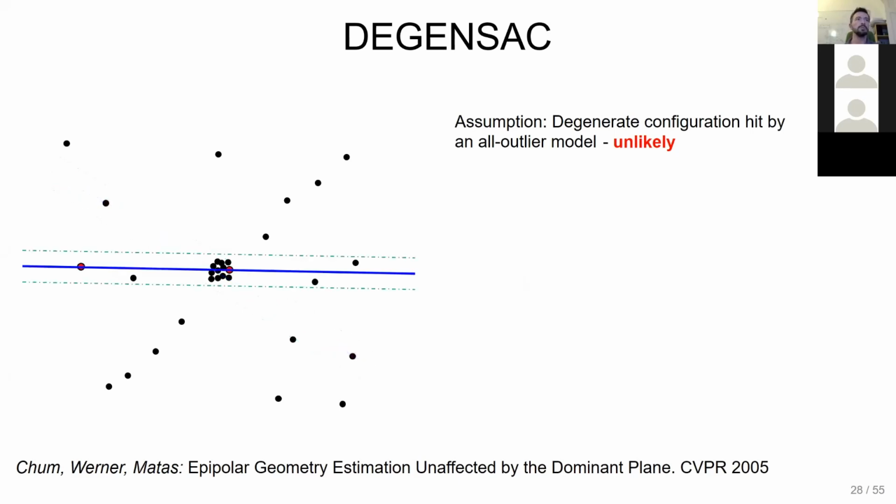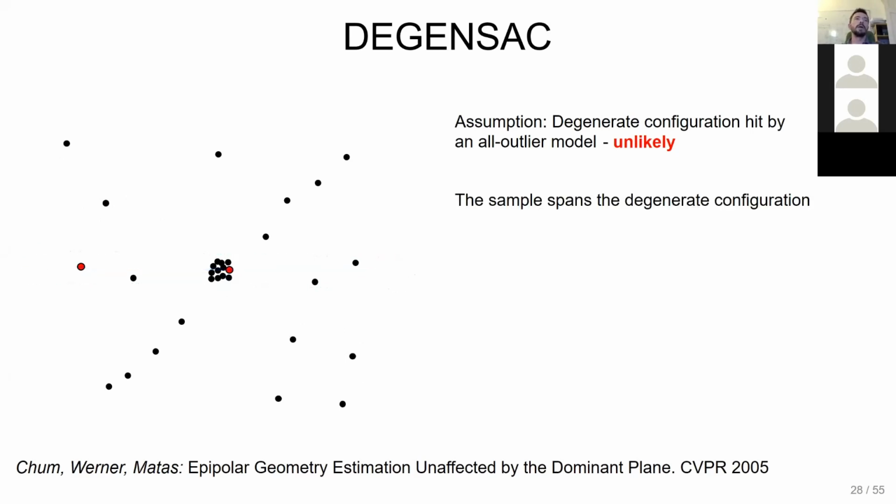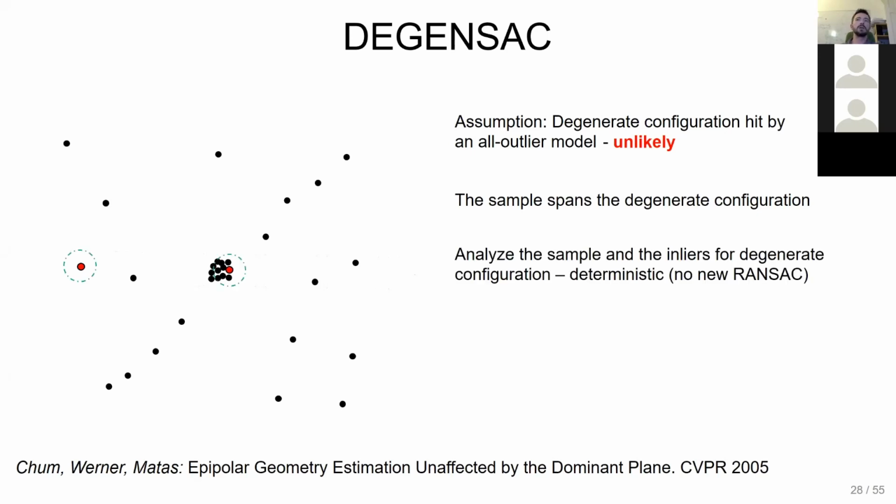So we assume that if we sample a model that has a high number of inliers because of the degenerate configuration, the sample spans the degenerate configuration. And then in such a case, you don't have to run a new RANSAC. You can analyze the sample directly.